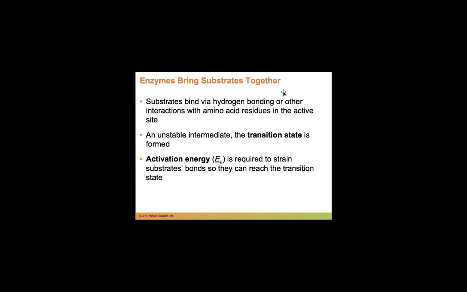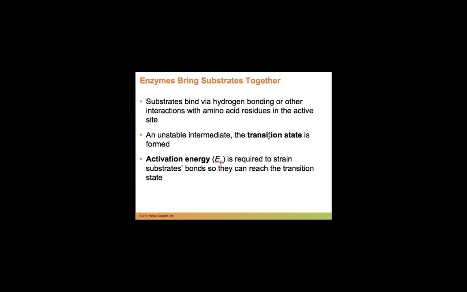Alright, so your substrates are going to bond through hydrogen bonding or other interactions with amino acid side chains at the active site. Once your substrate binds to the active site, whether it's through amino acid interactions with our R groups, or through hydrogen bonding, we're going to form an unstable intermediate. That unstable intermediate is our transition state.